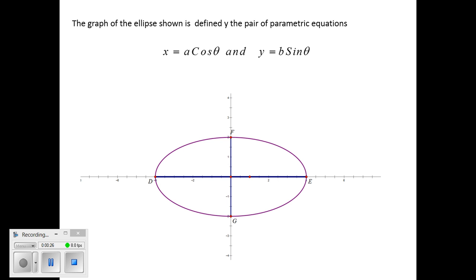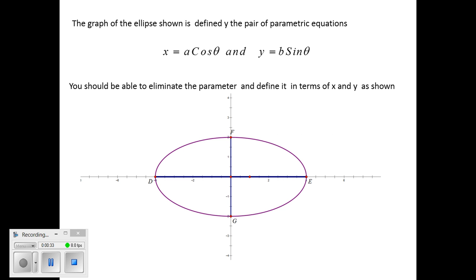Of course, the parameter more often than not is going to be used as t, but for our purposes moving forward, we're going to eliminate the parameter, which we saw we could do by taking advantage of the sine squared plus cosine squared equaling 1. And you should go back and refresh your memory as to how we get this parameter eliminated and derive this as our rectangular equation for the ellipse.